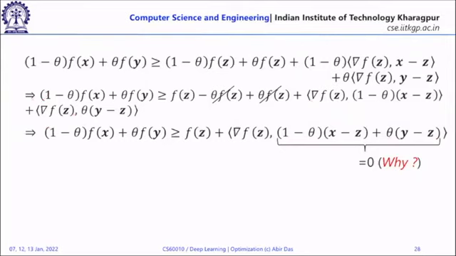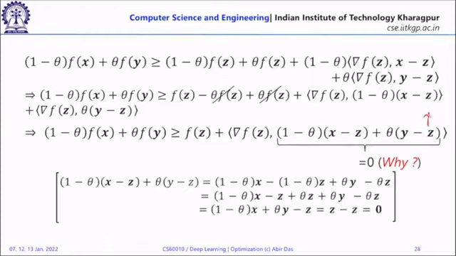Now this is 0. Why is this 0? You can think about what strategy to take. You just put in the value of Z. First of all, I'm just expanding this, since I need to prove that this is 0. So 1 minus theta into x, 1 minus theta into z, then theta y is theta y, theta z is theta z.